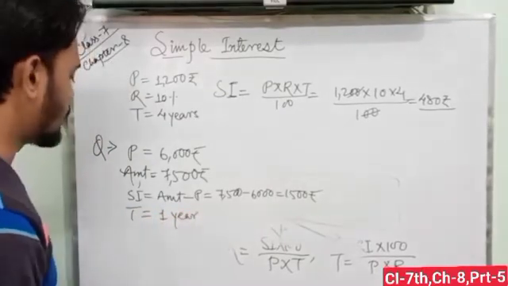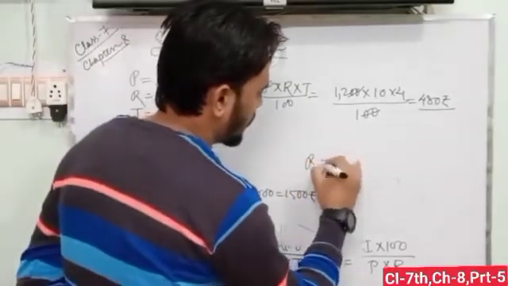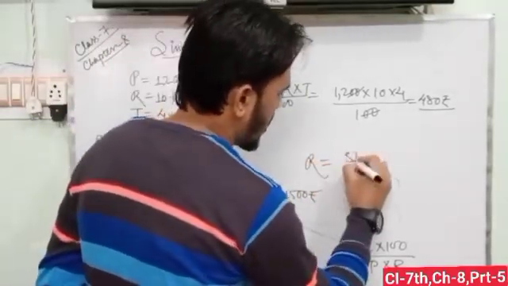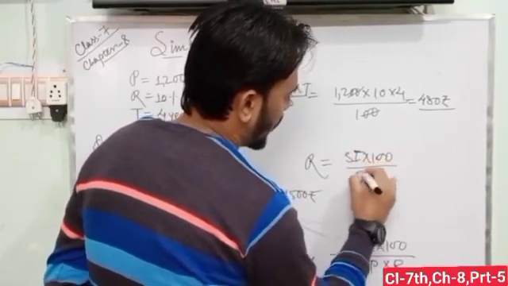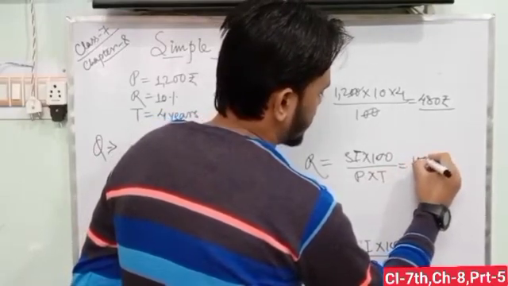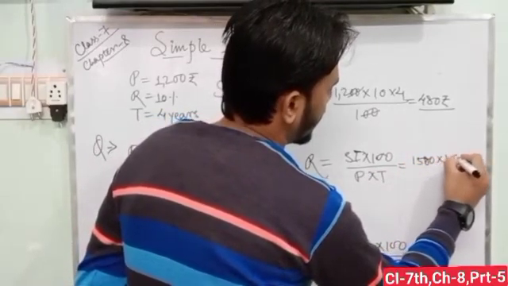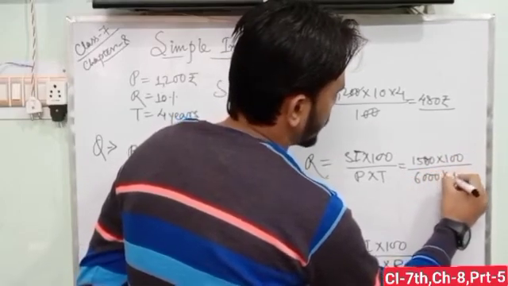So we have to calculate the rate. The formula of rate is equal to SI into 100 upon P into T. SI is 1,500 into 100, and P is equal to 6,000, time is equal to 1 year.